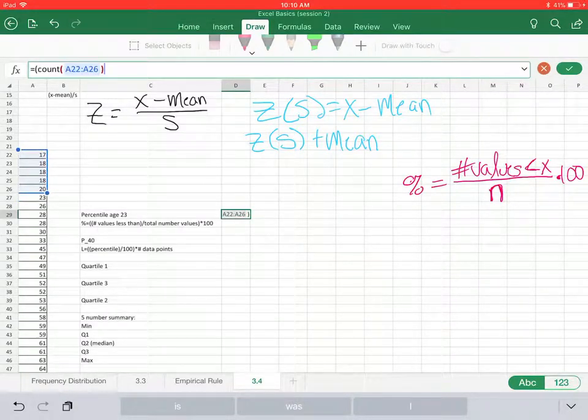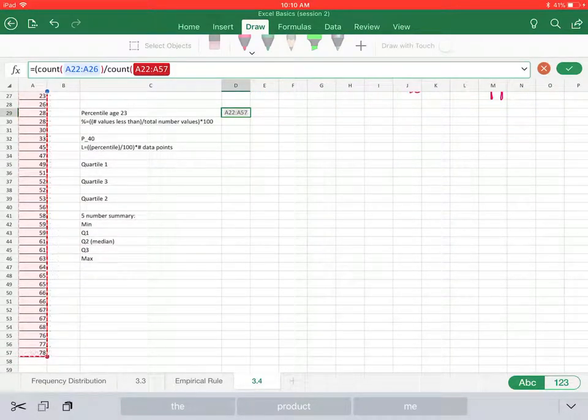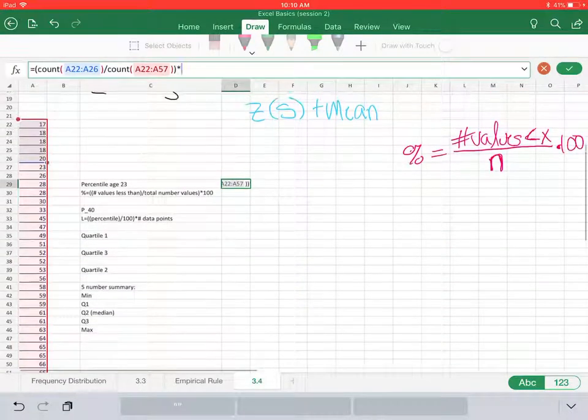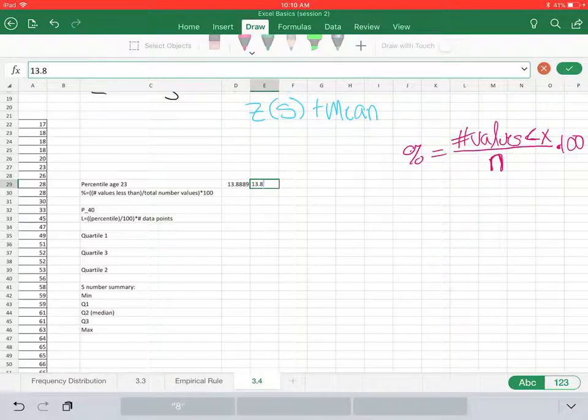Okay, there we go. So that would be that part, and then divided by the total there is. So we're going to count again, and we're going to highlight the entire data set. So then we'll close parentheses twice, and we're multiplying that entire thing, like our formula says, by 100. So the percentile at age 23 would be 13.8 or 0.9%.